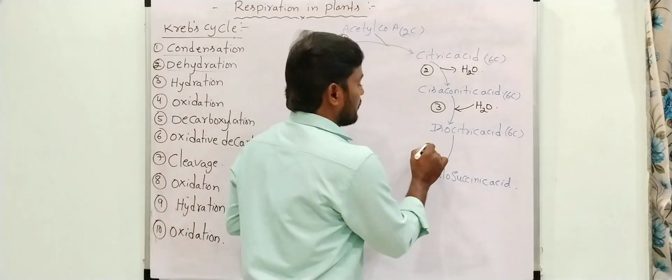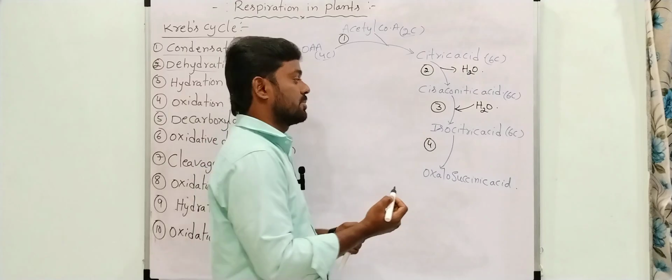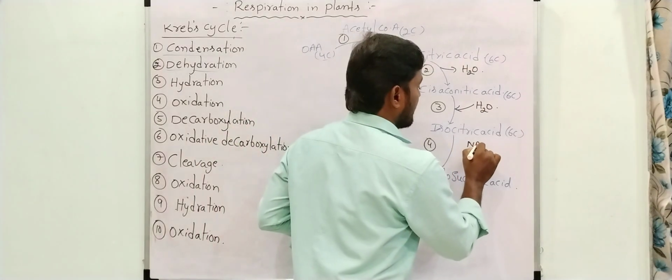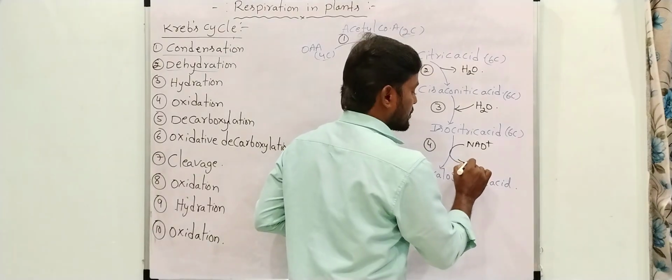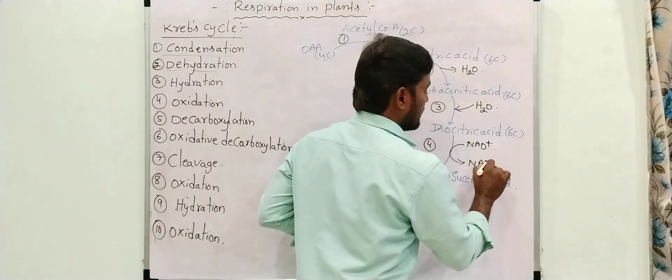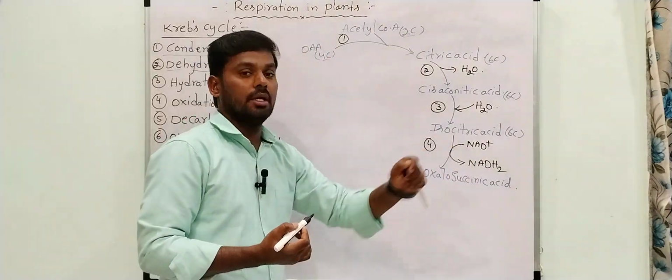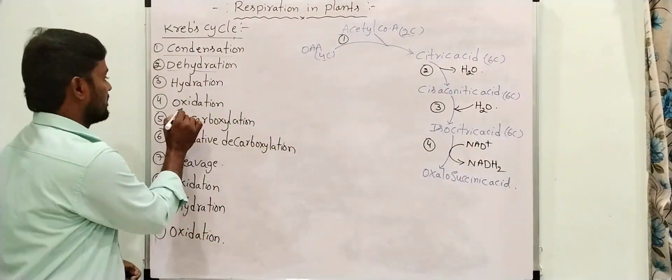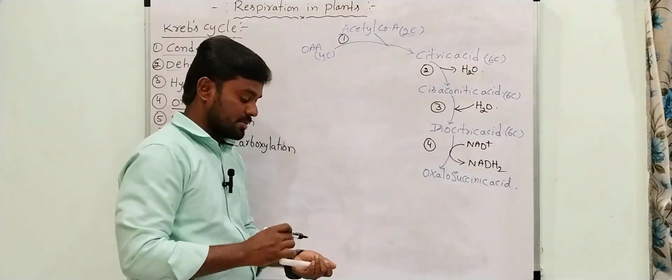It means the fourth reaction is oxidation. It means one redox reaction takes place. NAD, nicotinamide adenine dinucleotide, gets reduced to NADH2. So this is an oxidation reaction. This is the fourth reaction of the Krebs cycle.